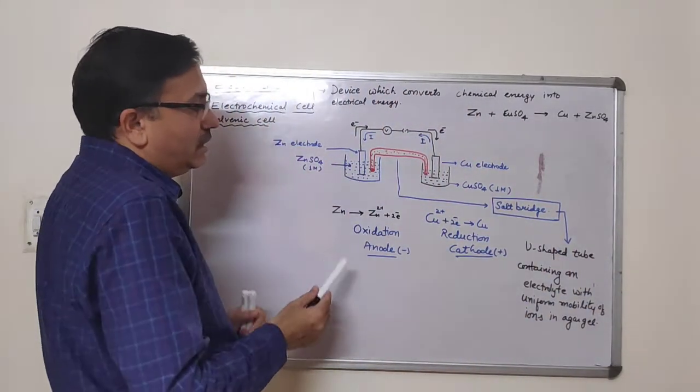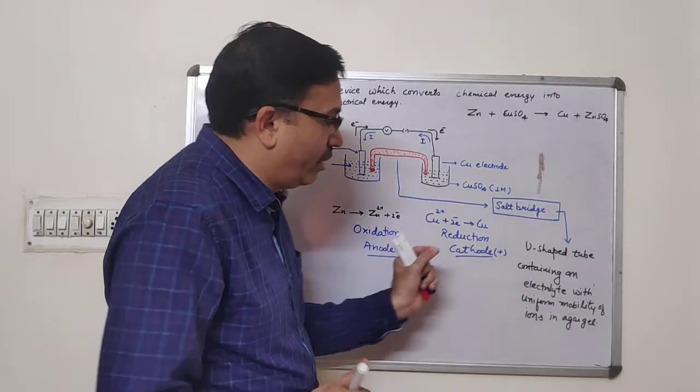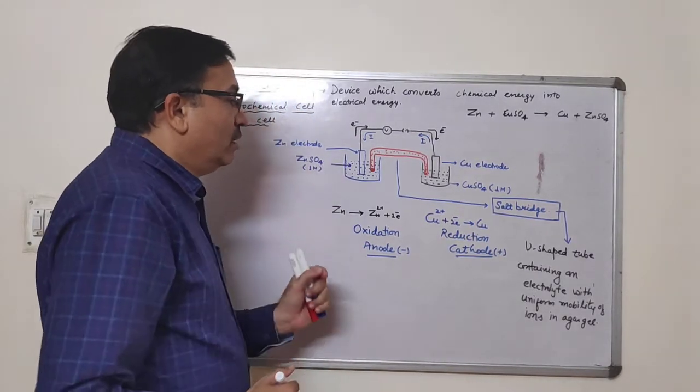So a salt bridge is a U-shaped tube containing an electrolyte with uniform mobility of ions in agar gel.